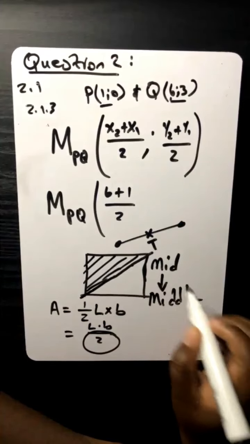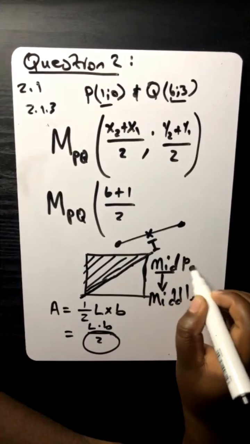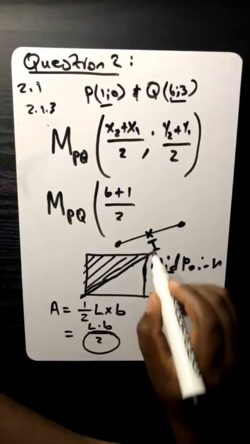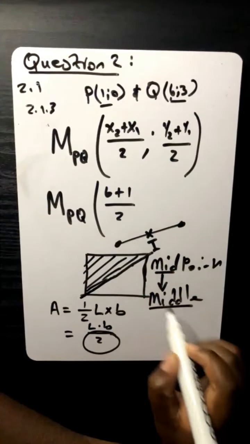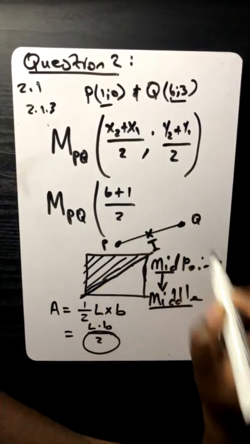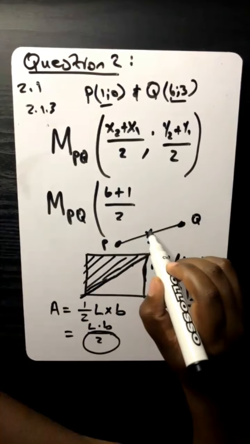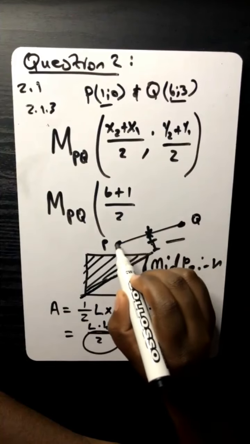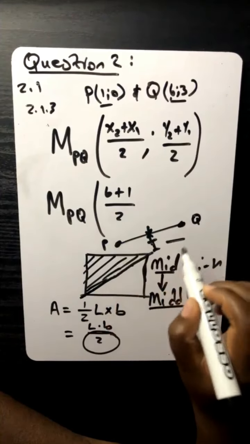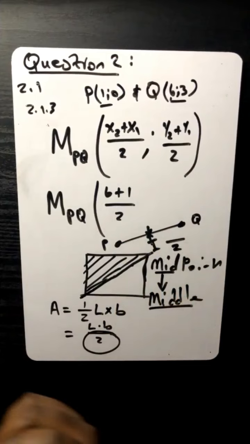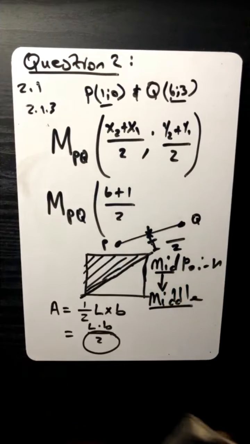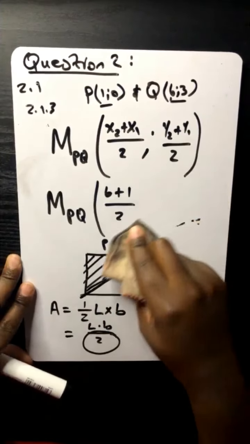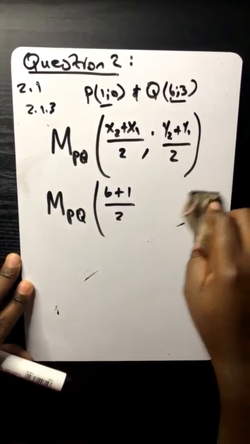So when they say T is the midpoint, they are simply saying T is the middle point of P and Q. So it's right in the middle. In the middle, that's where you have to cut that point and that point into equal halves. And to cut it into equal halves, that's when you divide by 2.